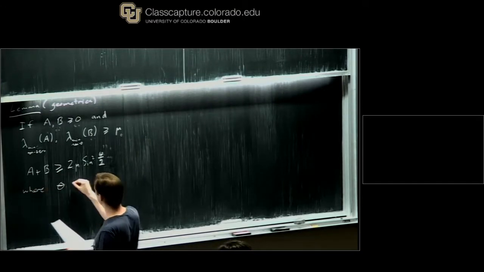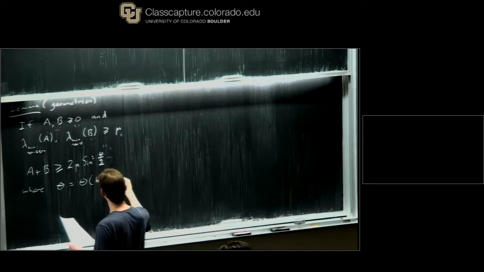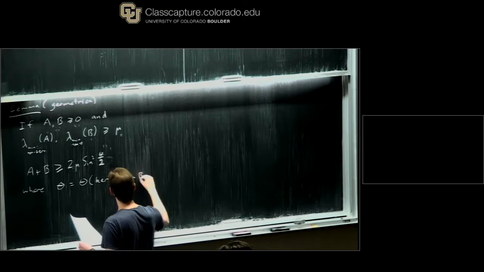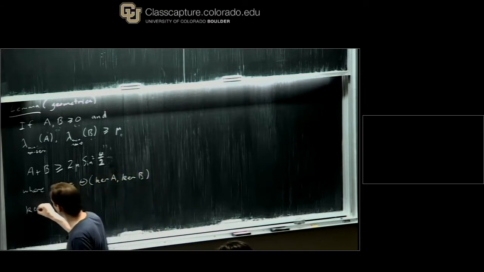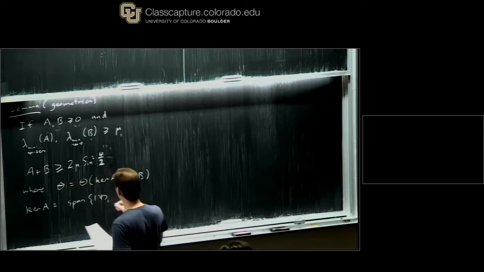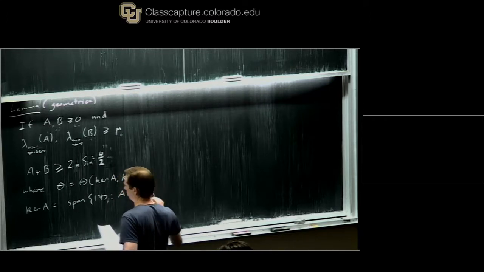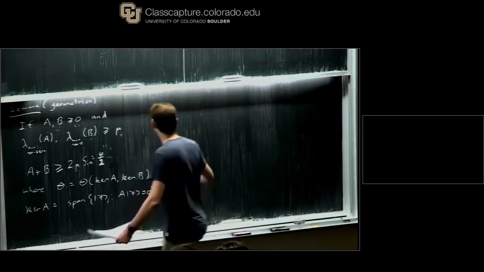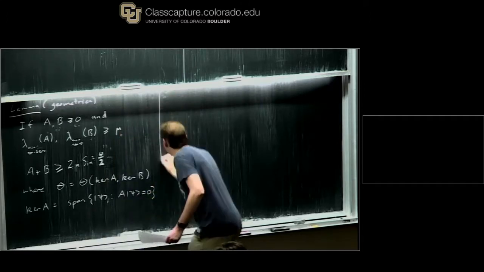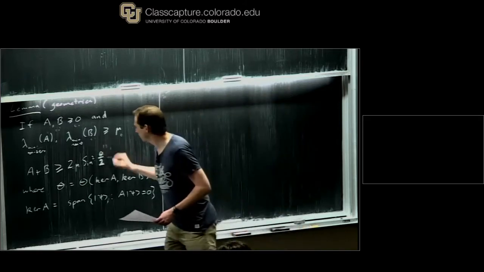So theta is equal to the angle, in the sense just defined here, between the kernel of A and the kernel of B. And what's the kernel of A? That's the subspace of all zero-eigenvalue eigenvectors of A. And similarly for B. So it's the angle between the zero-eigenvalue eigenspaces. Okay, so that's what the geometrical lemma says.